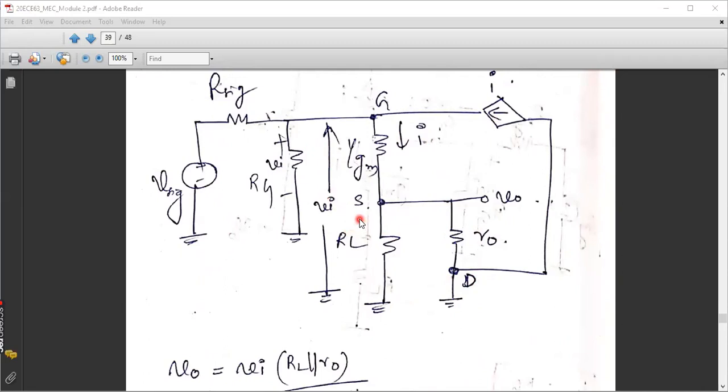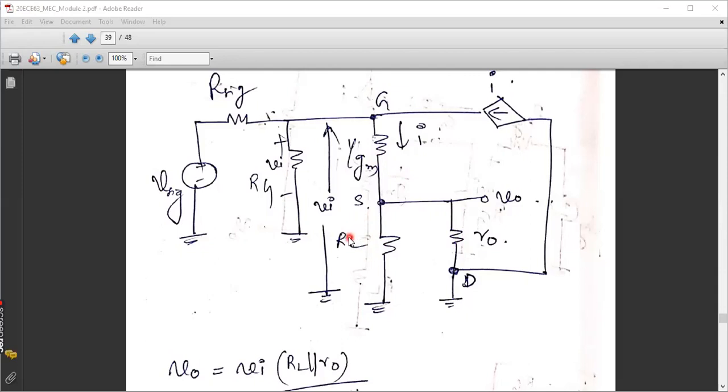Now, if you see the circuit diagram, the voltage that I have shown across RG, that is Vi, is coming to this particular node, because this is a short circuit. So whatever we get at this node, we will get at G as well. And these resistances, along with small r0, these three resistances together act as a voltage divider network.